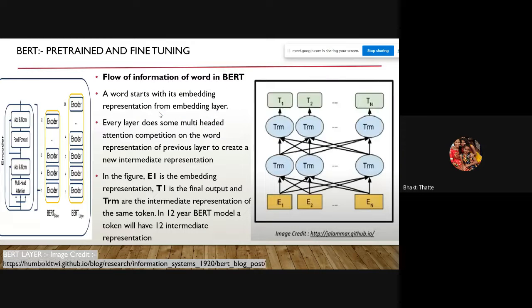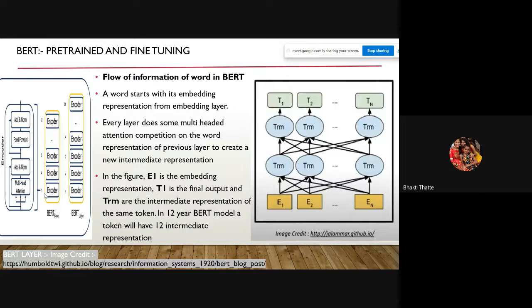Then next, BERT is available in two types, that is BERT base and BERT large. And as I said, it uses the encoder only. All this mechanism, the multi-head attention and the feed forward, together constitute one encoder.